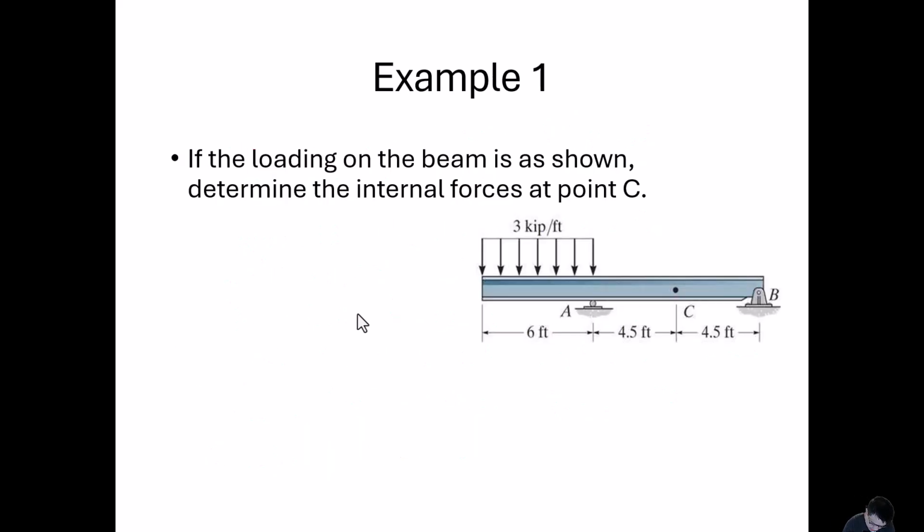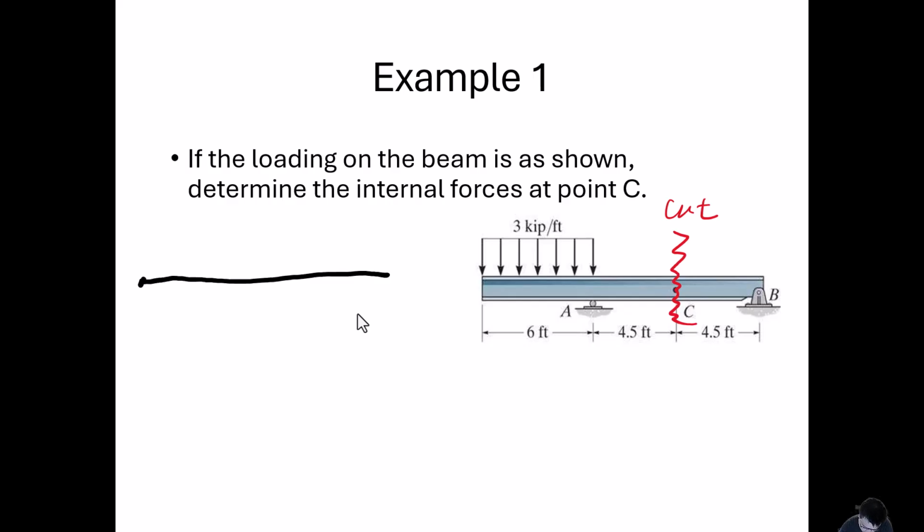So let's see one example. If the loading on the beam is shown in this figure, determine the inner force at point C. First, we need to cut exactly at point C, because C is the point we would like to study. Then let's draw the free body diagram.